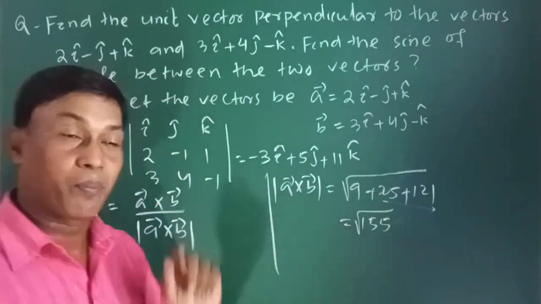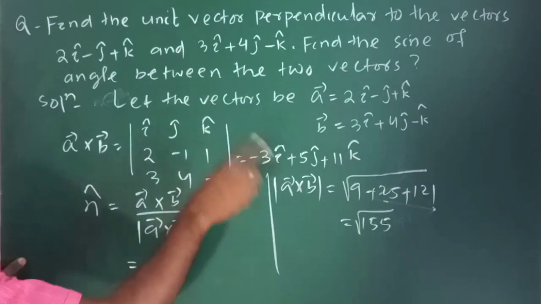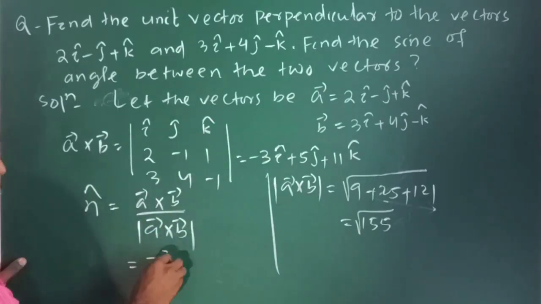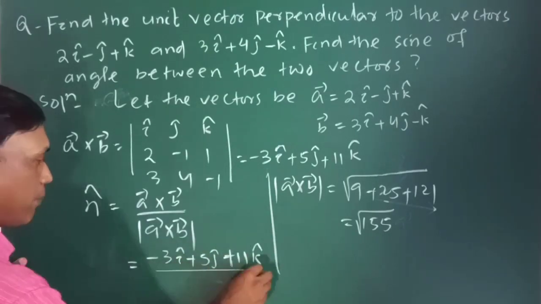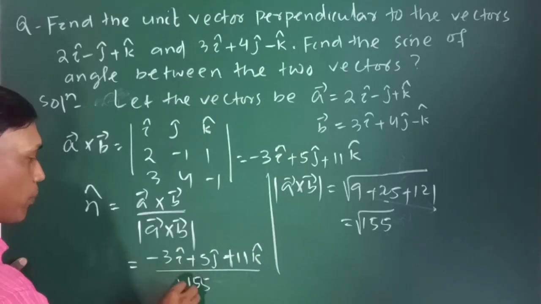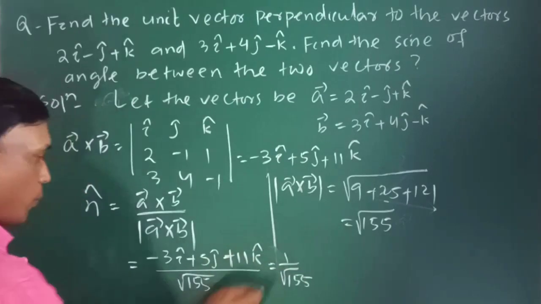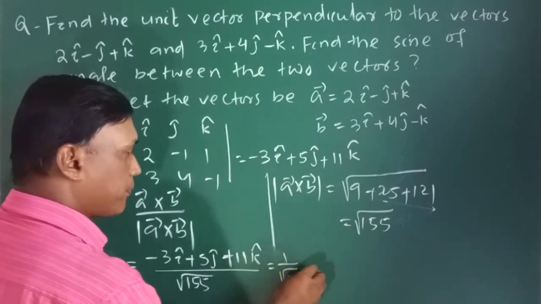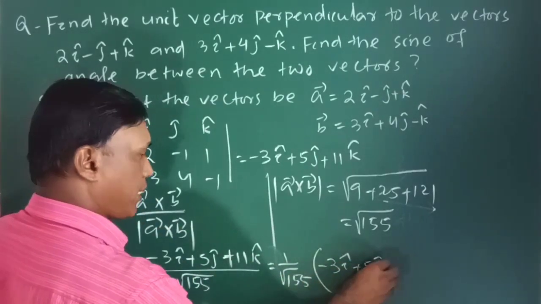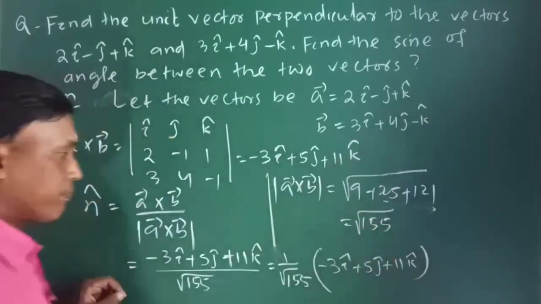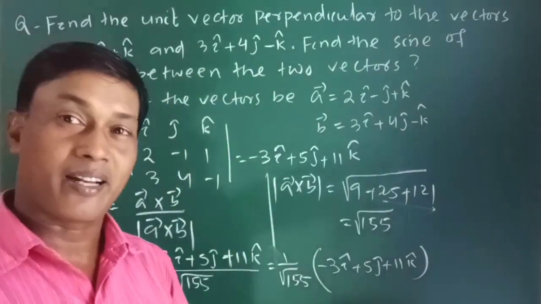This is magnitude of A cross B. So the unit vector perpendicular to both A and B is A cross B, minus 3i cap plus 5j cap plus 11k cap, divided by root over of 155, and this is equal to 1 by root of 155 into this vector minus 3i cap plus 5j cap plus 11k cap. So this is the unit vector which is perpendicular to both A and B.